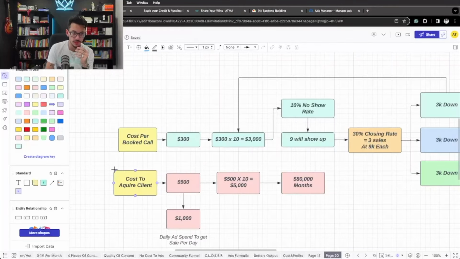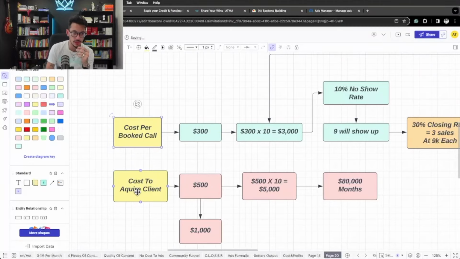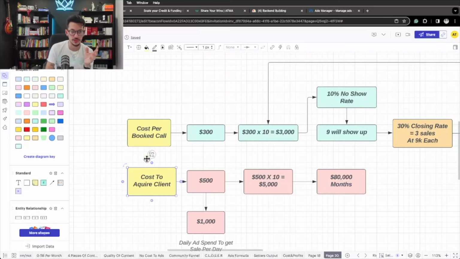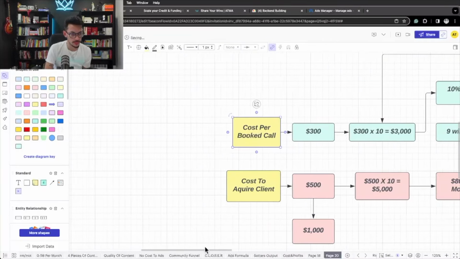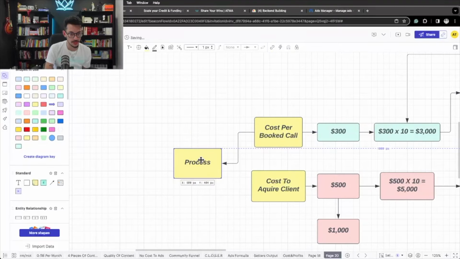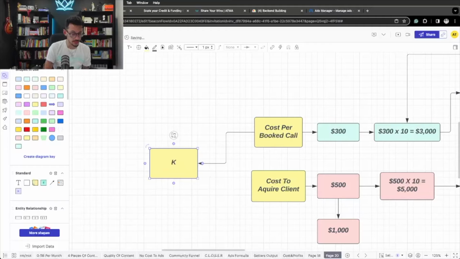So again, one of the first and most important key metrics you try to find out is your cost per booked call. So key metrics to track is this too.